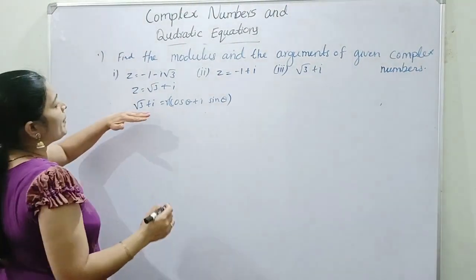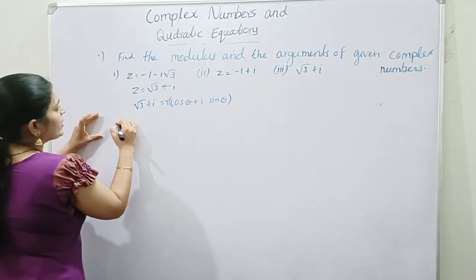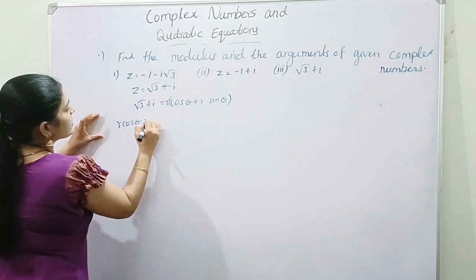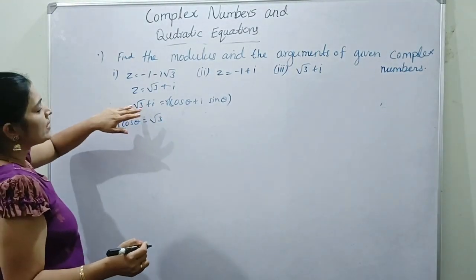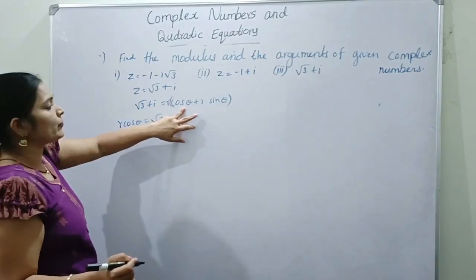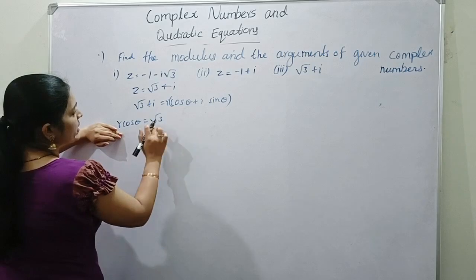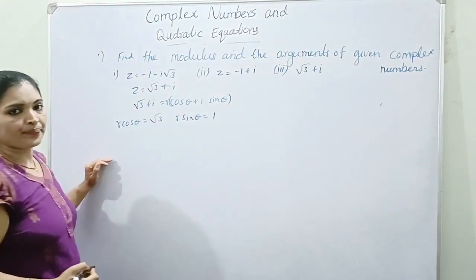Then compare this with real parts and imaginary parts, so that we get r cos theta is equal to root 3, comparing corresponding sides, that is root 3 the real part. Here r cos theta is the real part of this complex number. So r cos theta is equal to root 3, r sin theta is equal to 1.